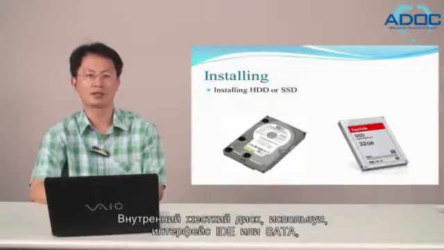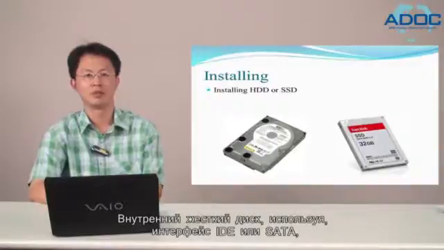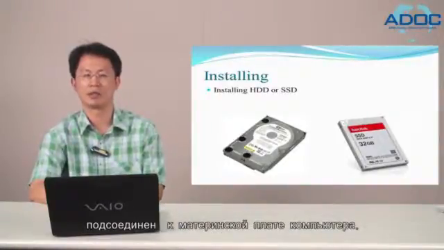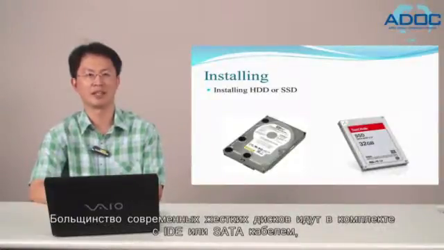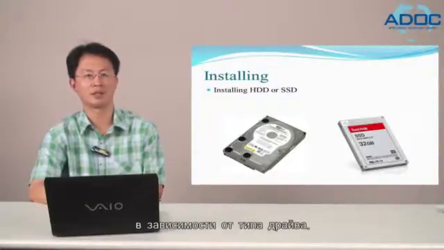The internal hard disk connects to your computer's motherboard using an IDE interface or serial ATA interface. Most new hard drives come with either an IDE or a serial ATA connection cable, depending on the type of drive.